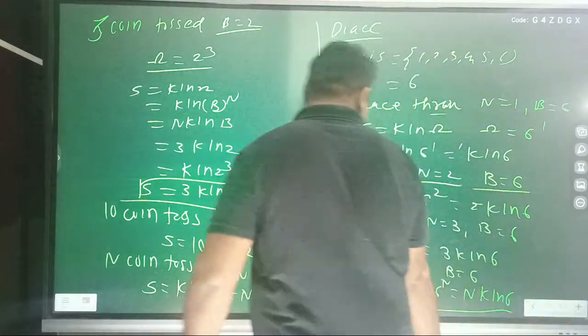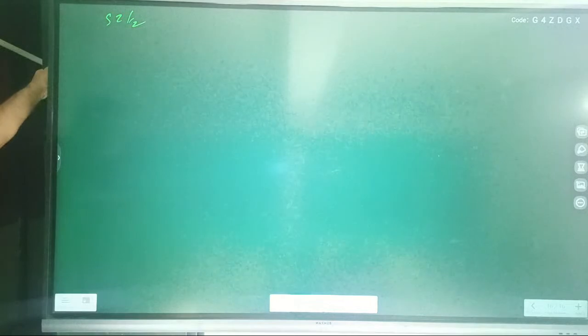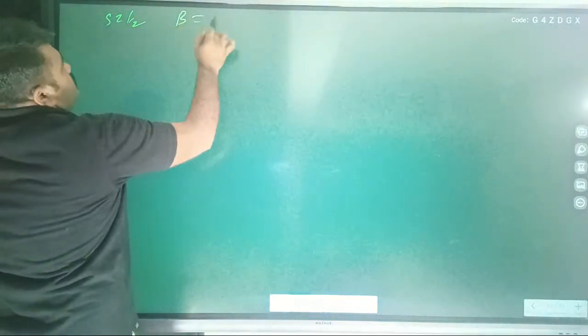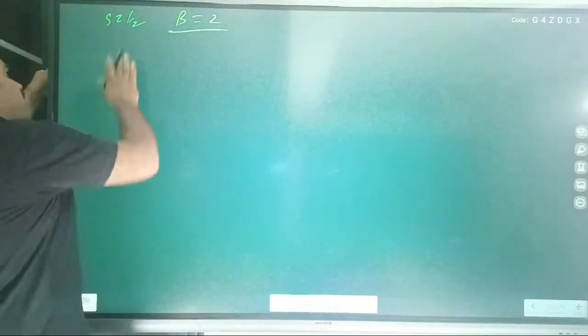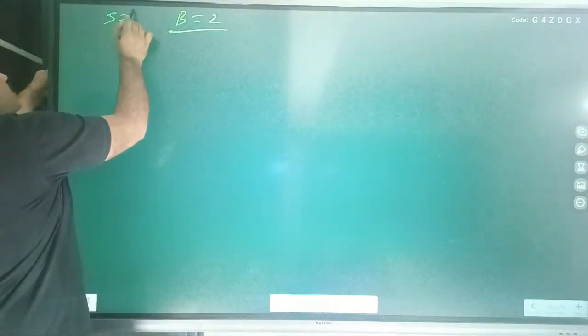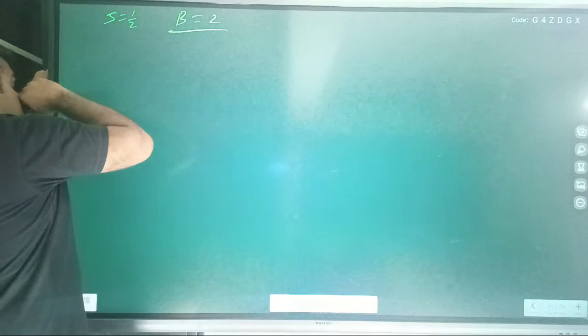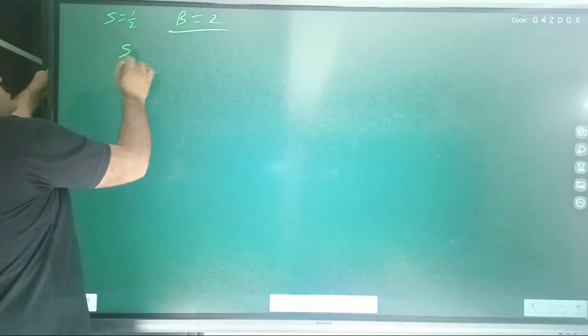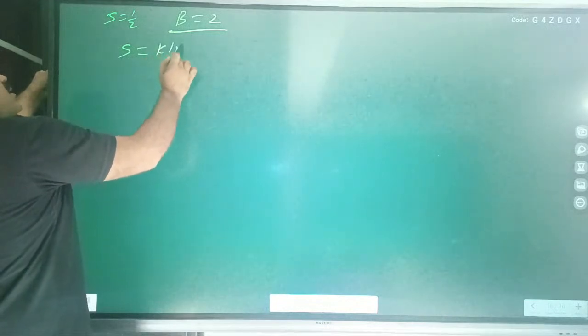Next we need spin. We have already seen spin entropy. Suppose the system is paramagnetic, and spin S is equal to 1 by 2. Then the basis is 2, from plus 1 by 2 and minus 1 by 2. So S is equal to k ln 2.